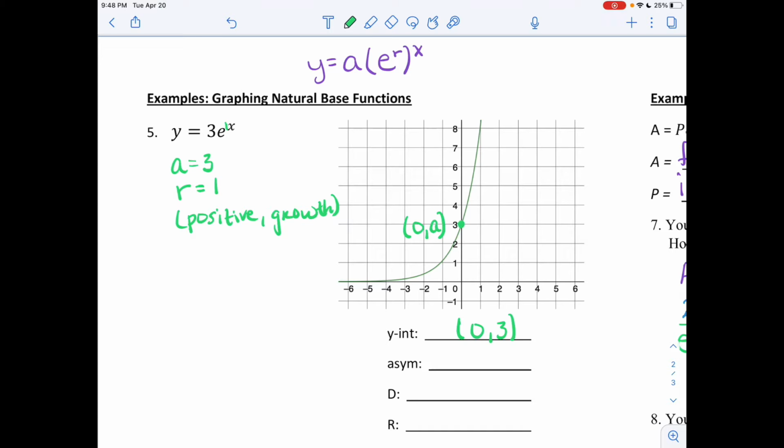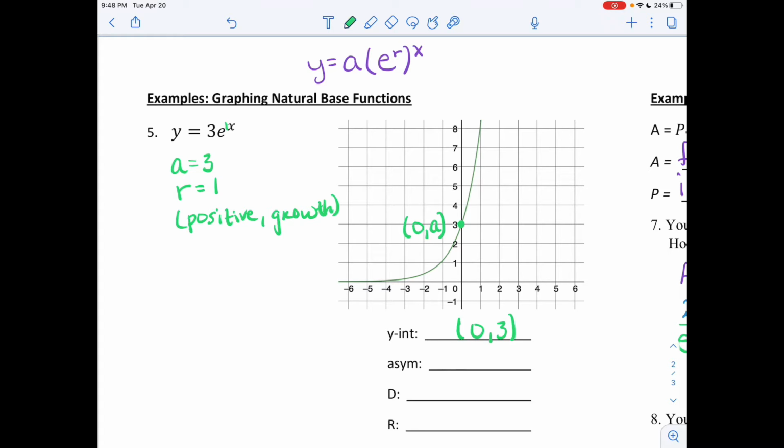At a value of 1, so when x is 1, we have e raised to the r power. Well, in this case, it's e raised to the first power, but then we have to take that and multiply it by our a value. Our a value isn't 1, it's a 3.